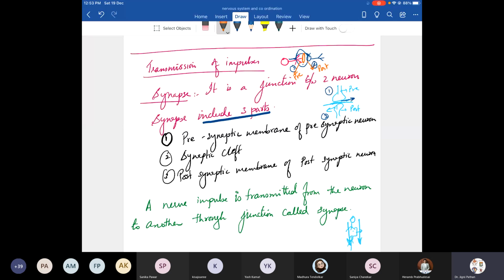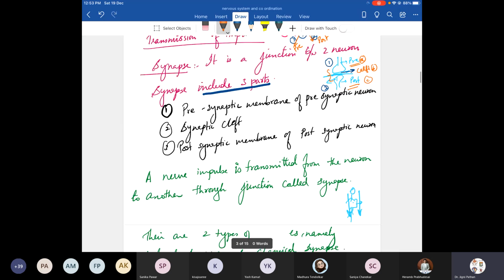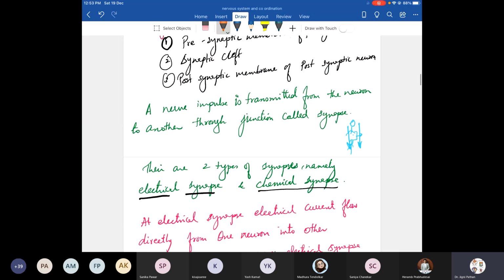So presynaptic membrane, postsynaptic membrane, and the cleft, A, B and C, together form the synapse. Point is clear to all? A nerve impulse is transferred from one neuron to another neuron through the junction called synapse.